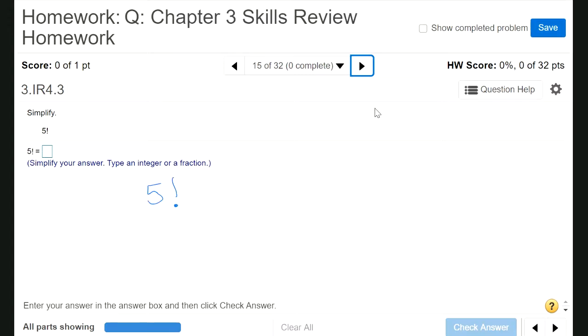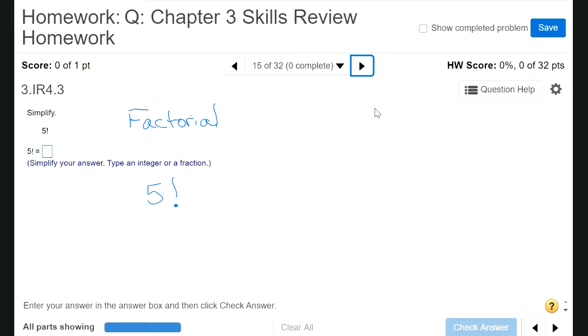In math, that does not mean say the 5 with emphasis. In math, an exclamation point tells you that's called a factorial. And the way you would read this is 5 factorial.